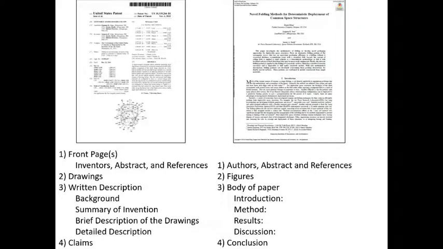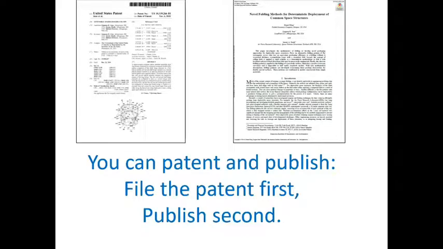So, yes, you can both patent and publish, but it's important which order you do these. So make sure that you patent first and publish second. Else, if you publish first, it may prevent you from being able to patent if you patent after you publish.